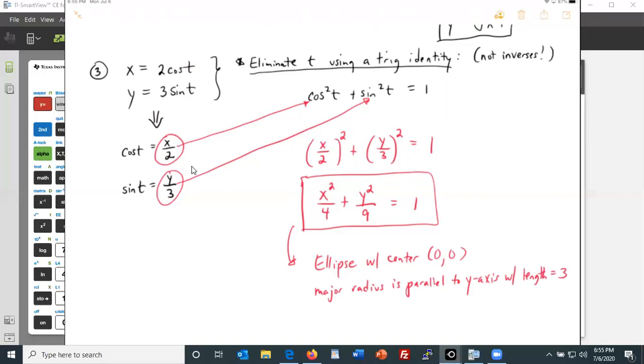Not 9, but 3, because remember, it's 3 squared. So the radius would be 3, not 9. And of course, the minor radius, we know it's going to be parallel to the x-axis, and it has length, not 4, but 2.